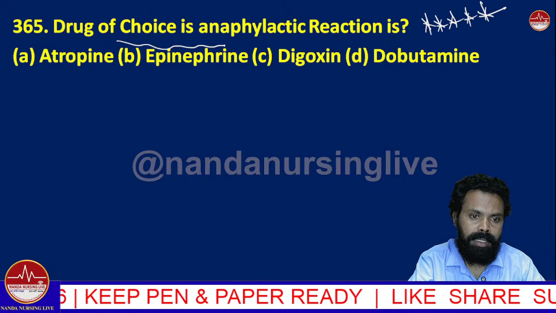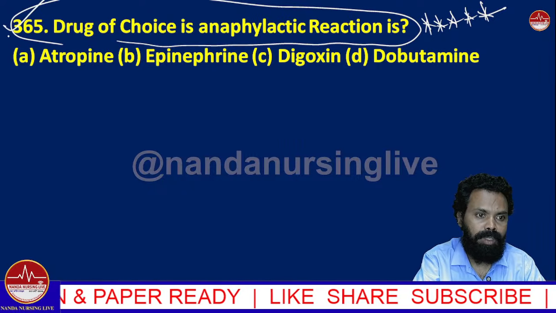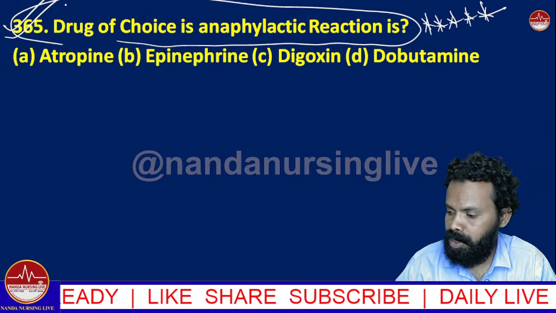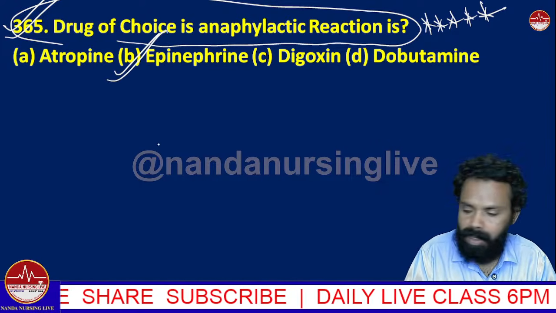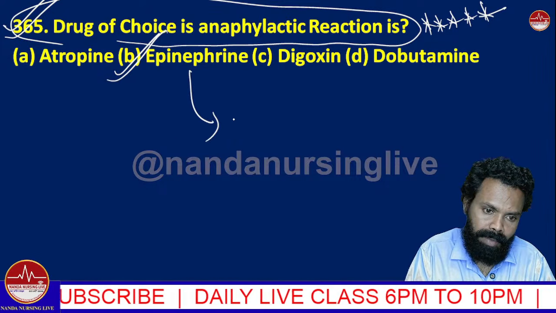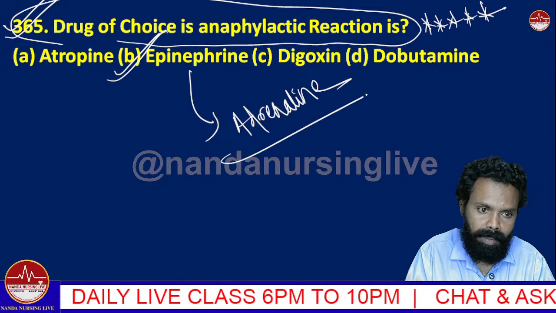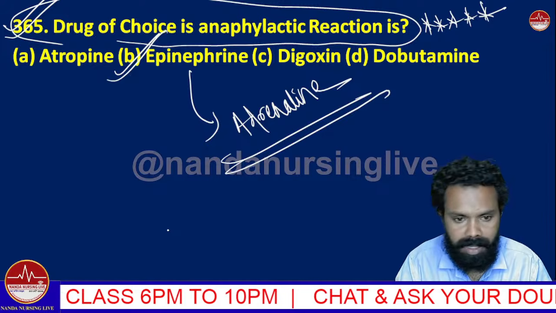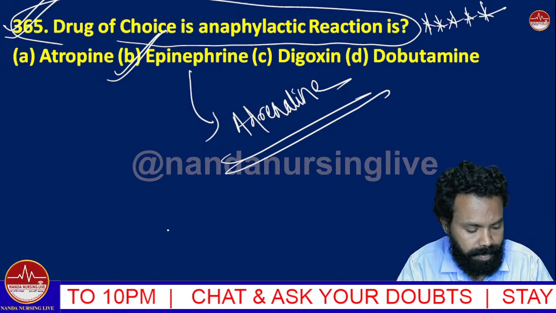Drug of choice in anaphylactic reactions? So which option is the correct answer? The correct answer is option B, epinephrine, also called adrenaline. Epinephrine or adrenaline is given in anaphylactic reactions, right? In anaphylactic reactions adrenaline is the drug of choice.